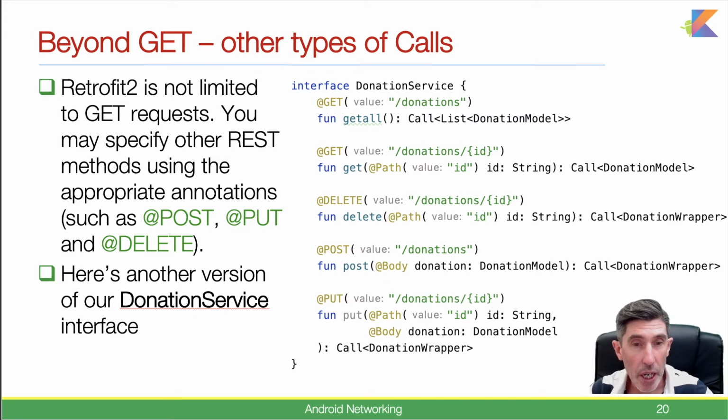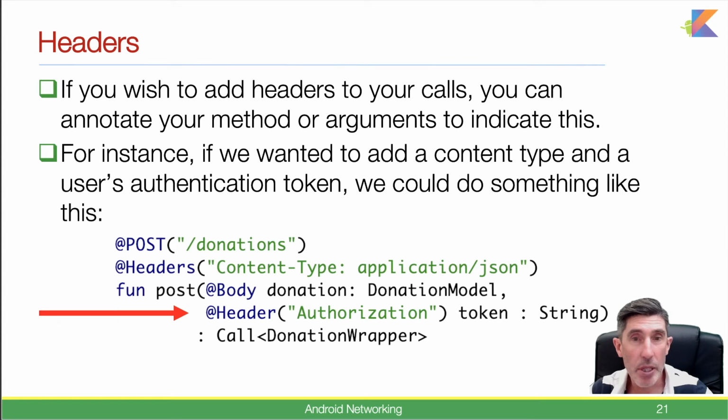If we look at some other examples, some dealing with headers, we won't be looking at too many of these, but just for completeness, if you need to specify some headers, and headers are required in any request that you're making on that third-party API, this is how you do it. If you wish to add headers to your calls, you can annotate your method or arguments to indicate this. For instance, if we wanted to add a content type and a user's authentication token, we could do something like this.